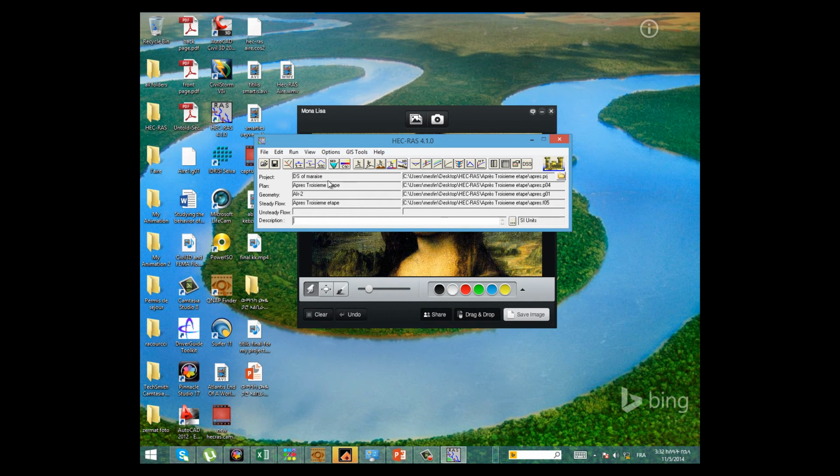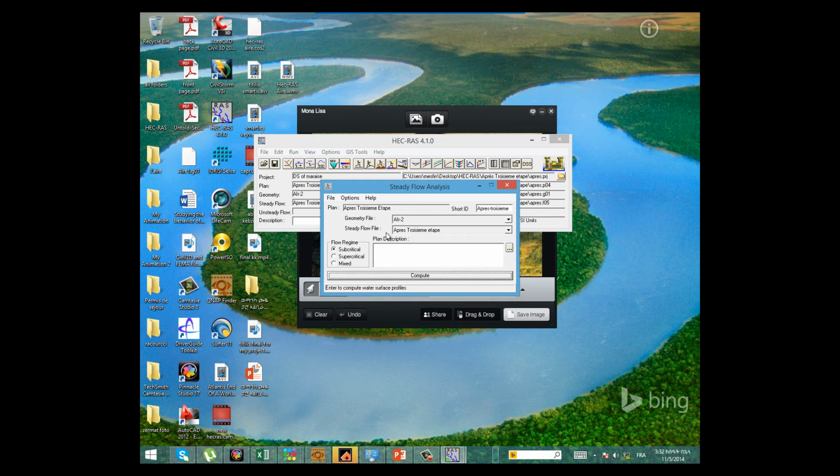We have the downstream Maris project name, and we have the geometry Aire 2, which I have taken before, and this one is a steady flow plan for calculating the steady flow.